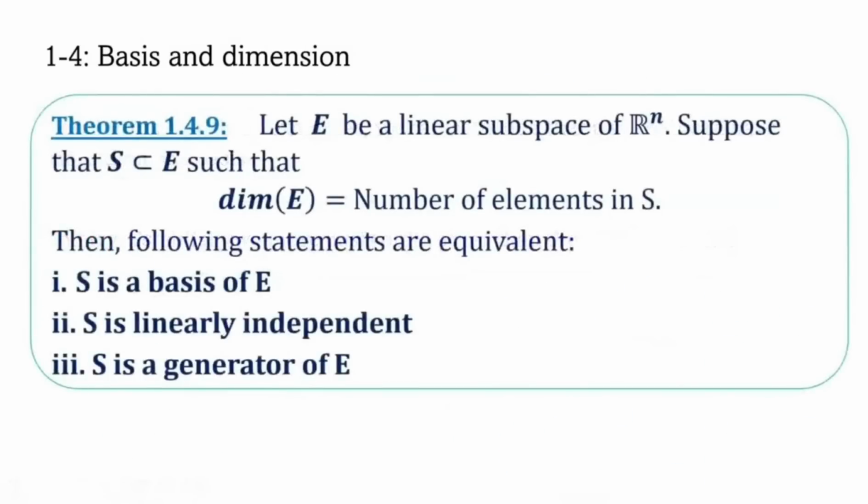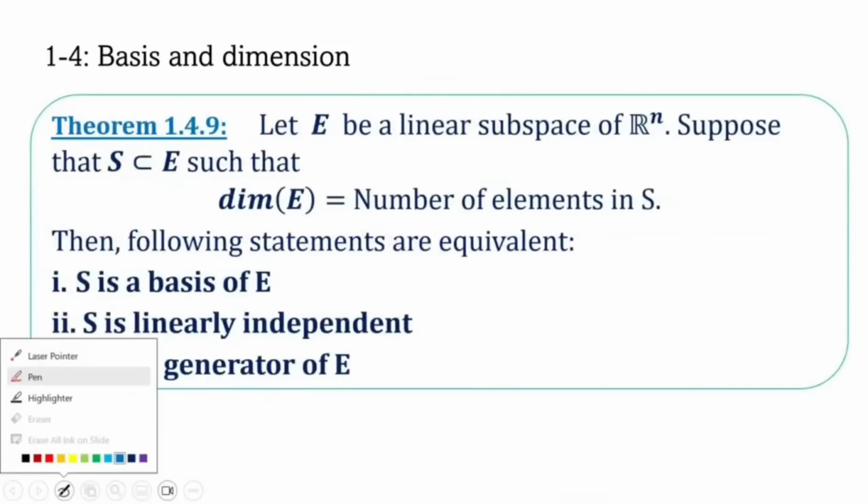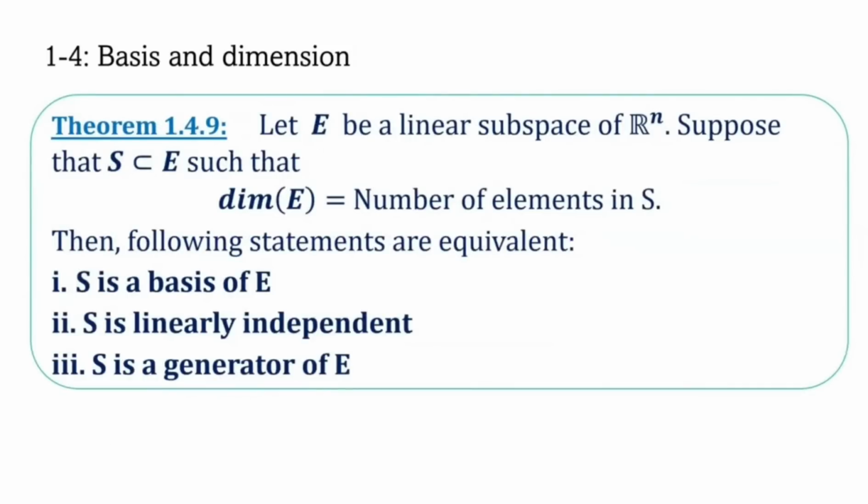Okay. Now we have a theorem, and this theorem says that if E is a linear subspace of Rn and S is a subset of E such that the dimension of E is equal to the number of elements in S, then the following three statements are equivalent.